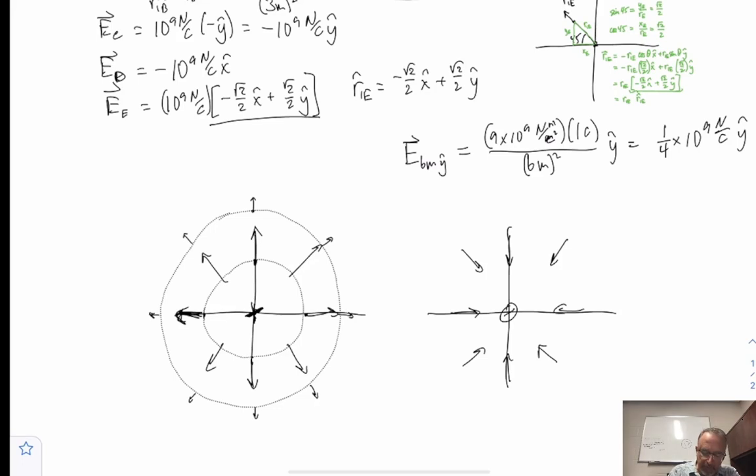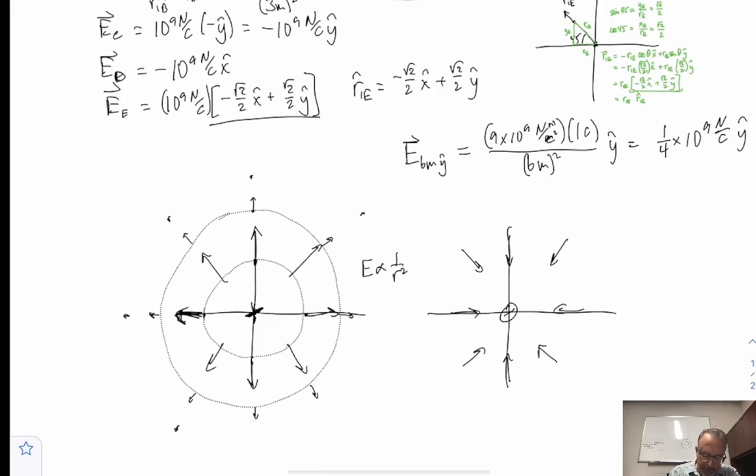So the electric field falls off as 1/r squared as it goes away from the thing. And if I went to the 9 meter, I'd find it was even 1/4 smaller than that.